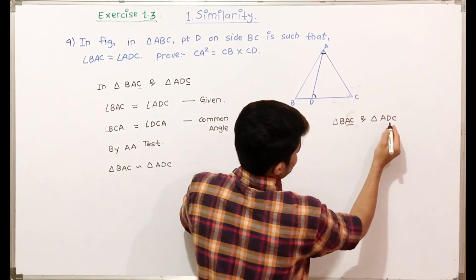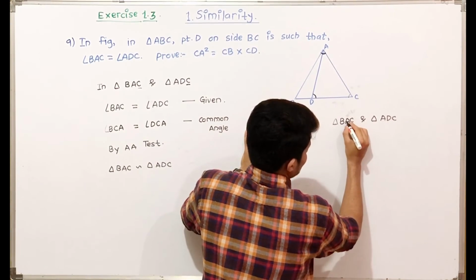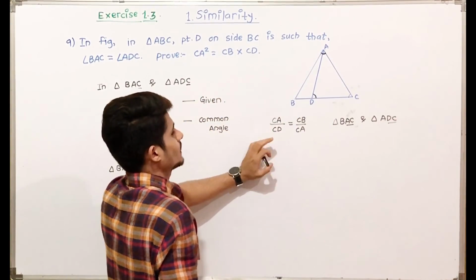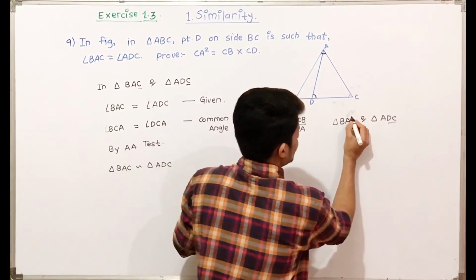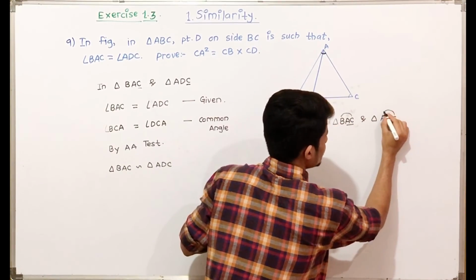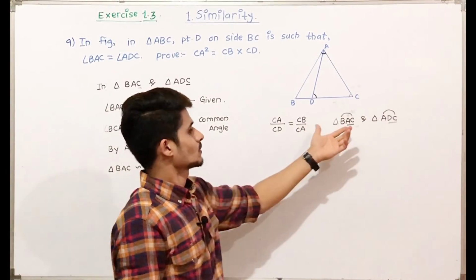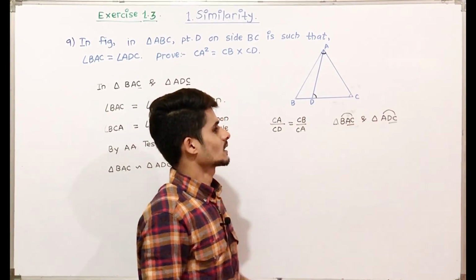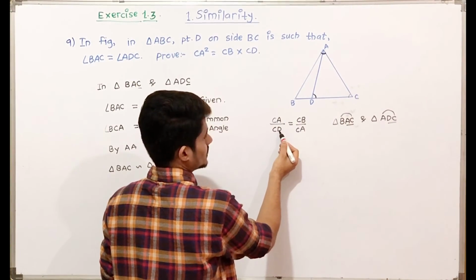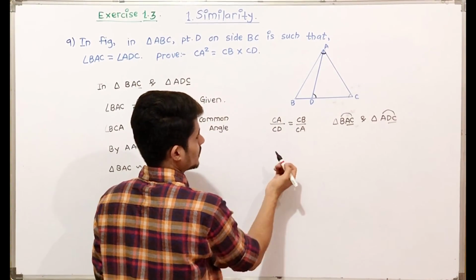Similarly, we have taken CA, so we'll take CD, is equal to, we have taken CB, so similarly we'll take CA. This is the easiest way to take the corresponding sides in proportion. CA upon CD is equal to CB upon CA.